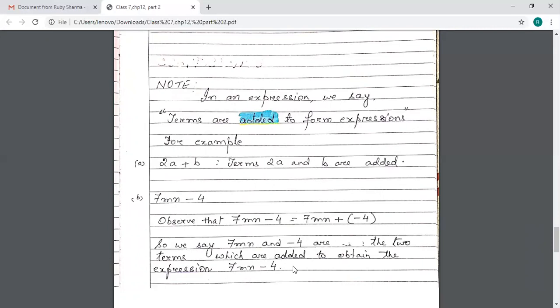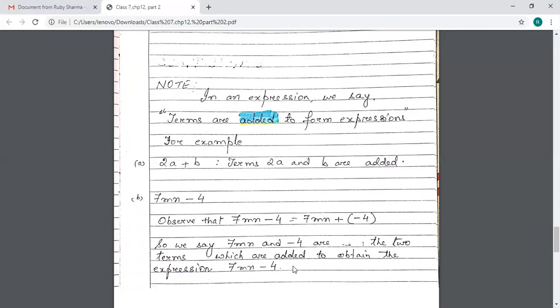Expressions can have a single term, can have two terms, can have three terms, can have more terms. So when I say an expression has two terms, that means the two terms are separated by an addition or a subtraction sign.